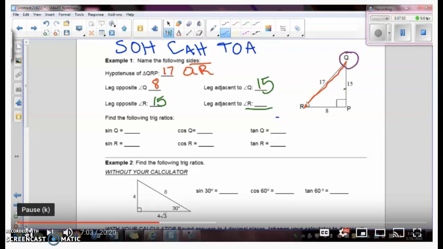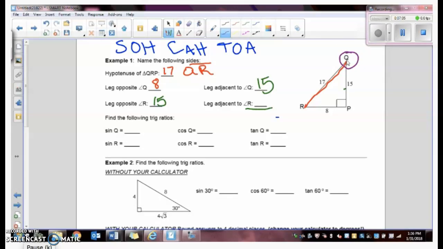Okay, so we're going to look at how we find the following trig ratios. We start by circling the reference angle, and from that reference angle we label the other sides. The hypotenuse stays the same. The hypotenuse is always going to be that 17, always RQ.